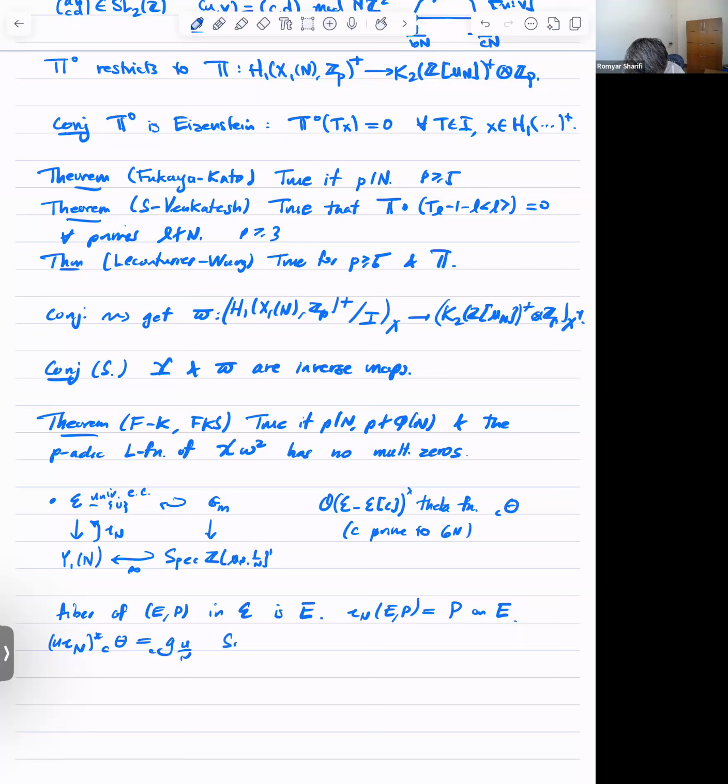There's some way to modify this. You get some small denominators, but to remove the auxiliary c once you go to Siegel units.